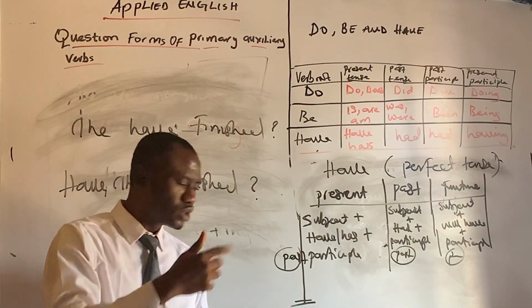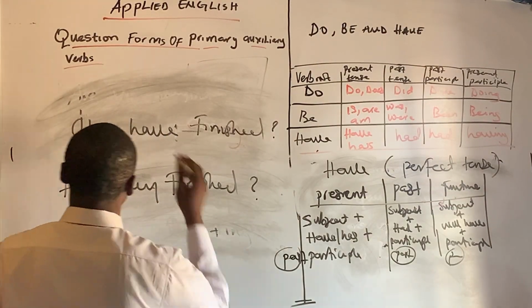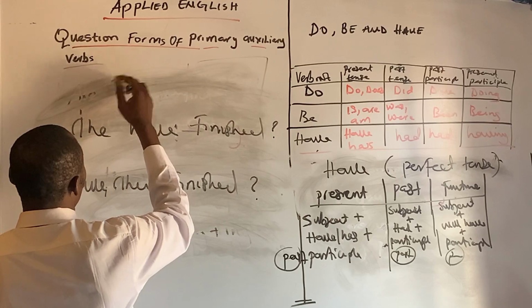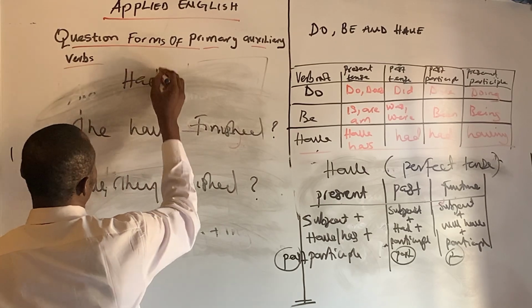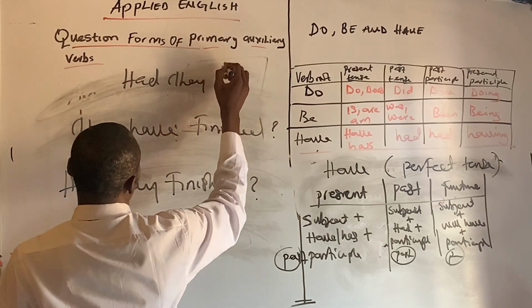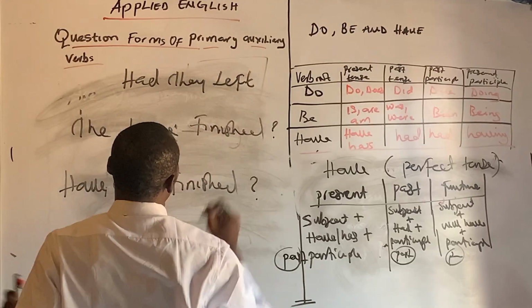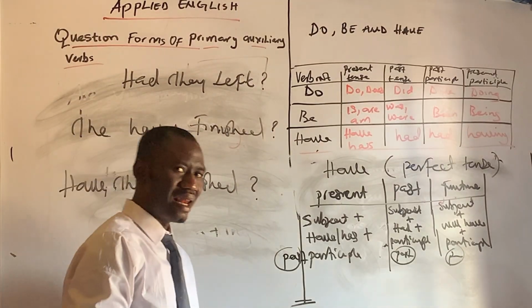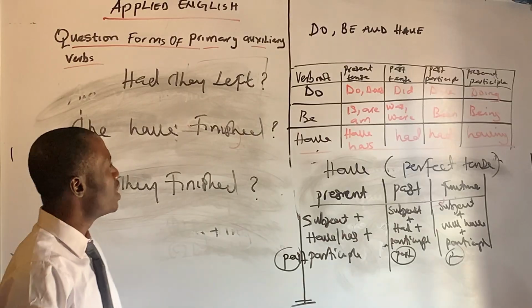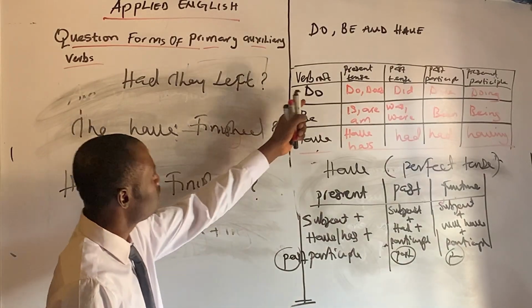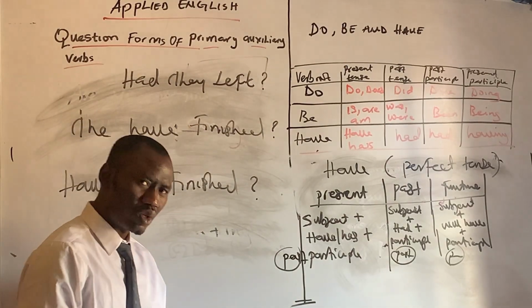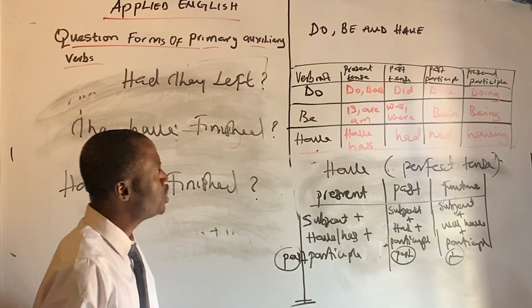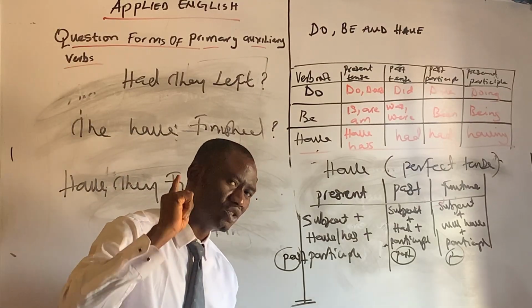Okay, now let's use another one. Had they left? That's a question. That's showing you that when you want to use do to form a question, the main verb is not changed.